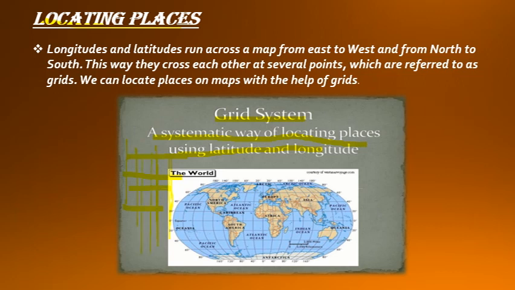Because of this only we can locate places. By this we can locate places with the help of longitude and latitude, and those are called the grid system. Okay.